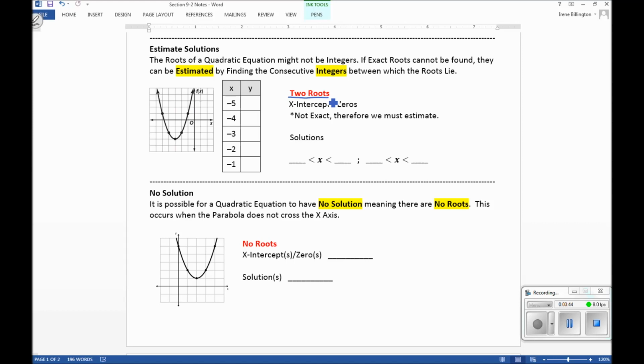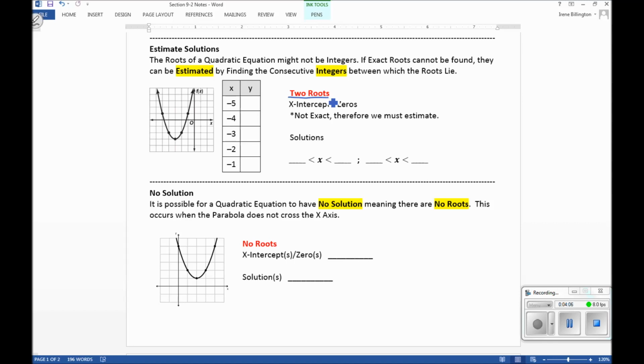Even though I know that there are two roots, I can't state the x-intercepts because I don't know exactly what they are. We can only state those if it is at an exact point that we can write down. Even though I don't know the exact value, I can make an estimate, or I can state a range in which the x values lie in between.